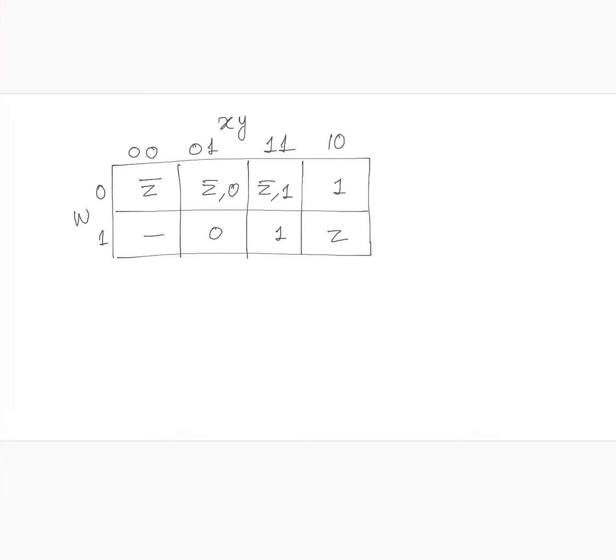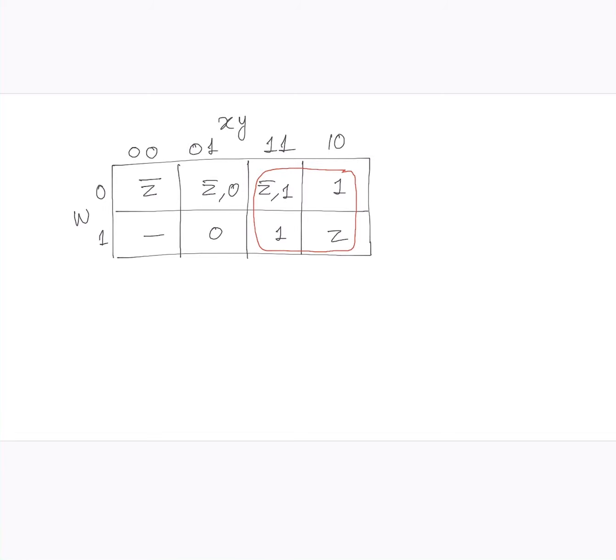The first step is to group all the single literals, that is, single z and z bar literals. Here we have a single z over here, so this has to be grouped. While grouping, as you have z bar comma 1, this can be considered as one cell. So grouping those cells, we can group it this way.